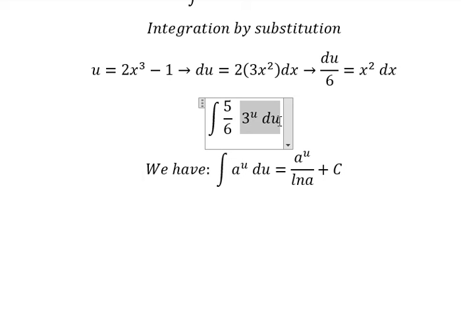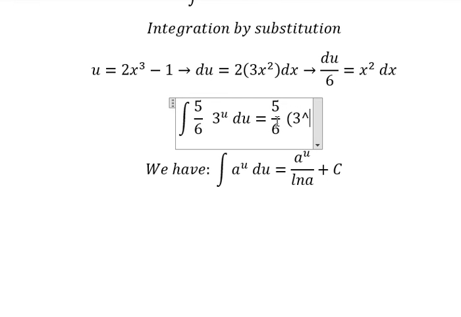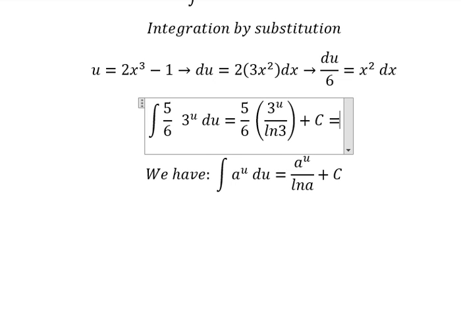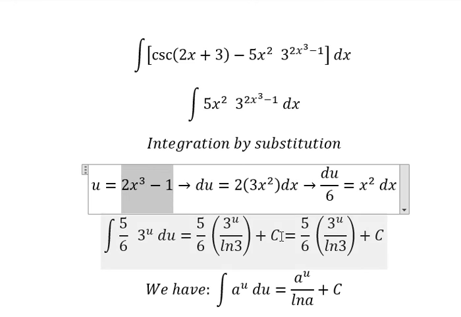So we can apply the formula in here, and that is 3 to the power of u over ln 3, and I will put plus c. About u, that is this one.